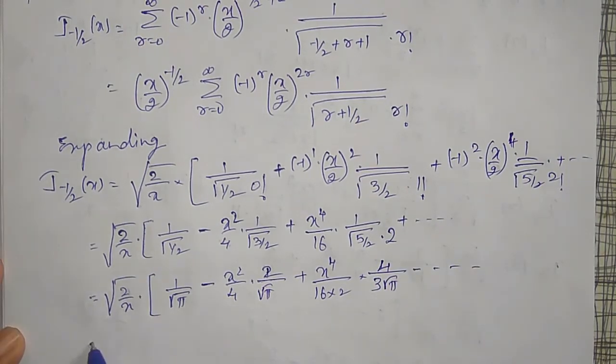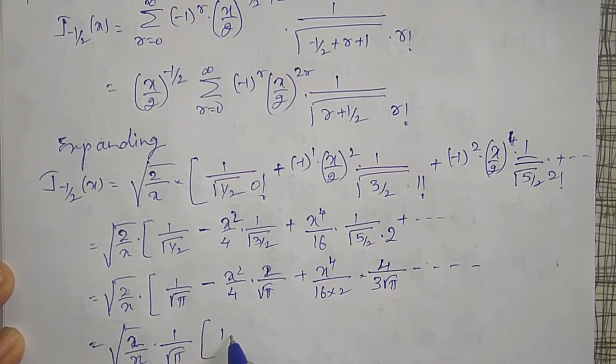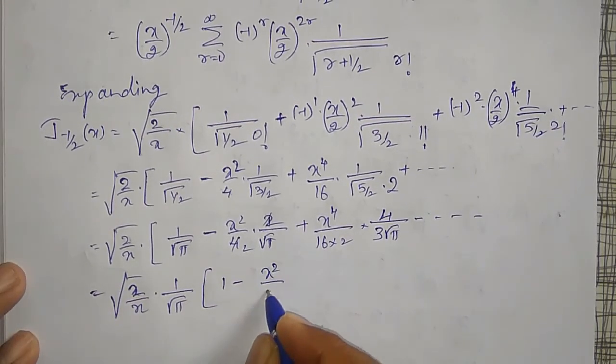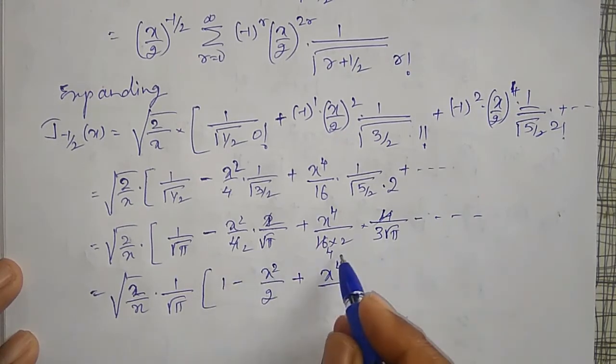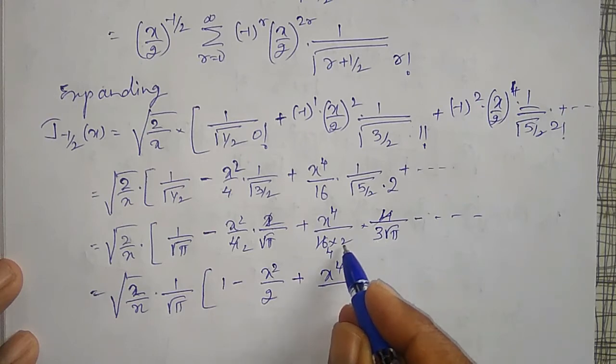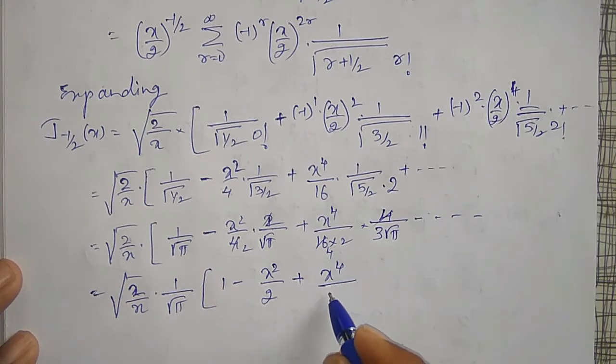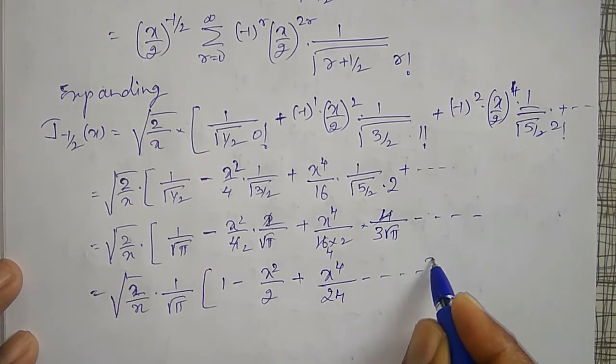Taking the root pi common, 2 divided by x into 1 divided by root pi taken common, 1 minus 2 ones are 2, twos are, that is x square divided by 2, plus x raised to 4 divided by, 4 into 6 will become 24, minus so on.